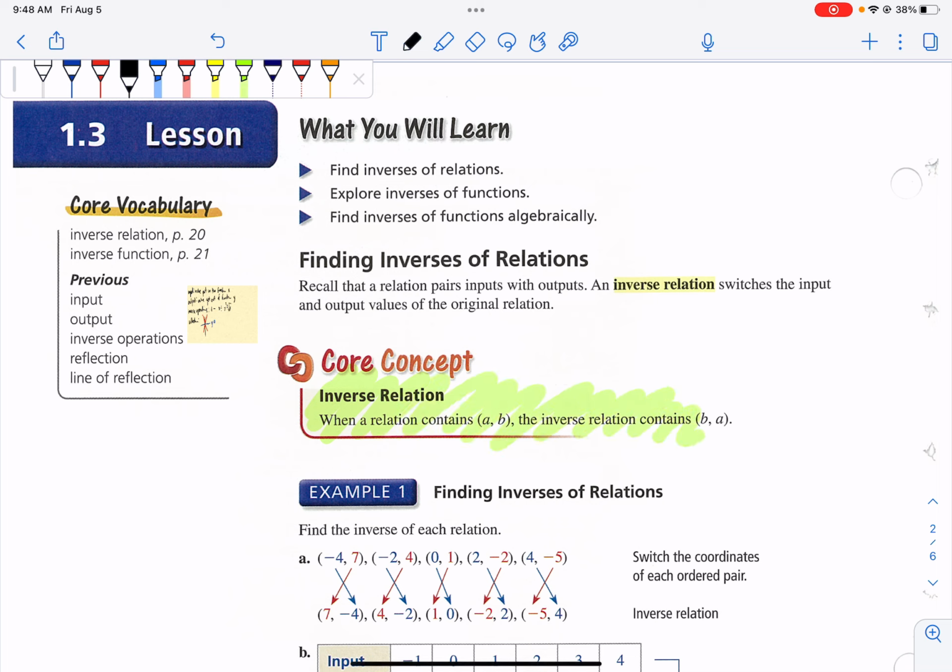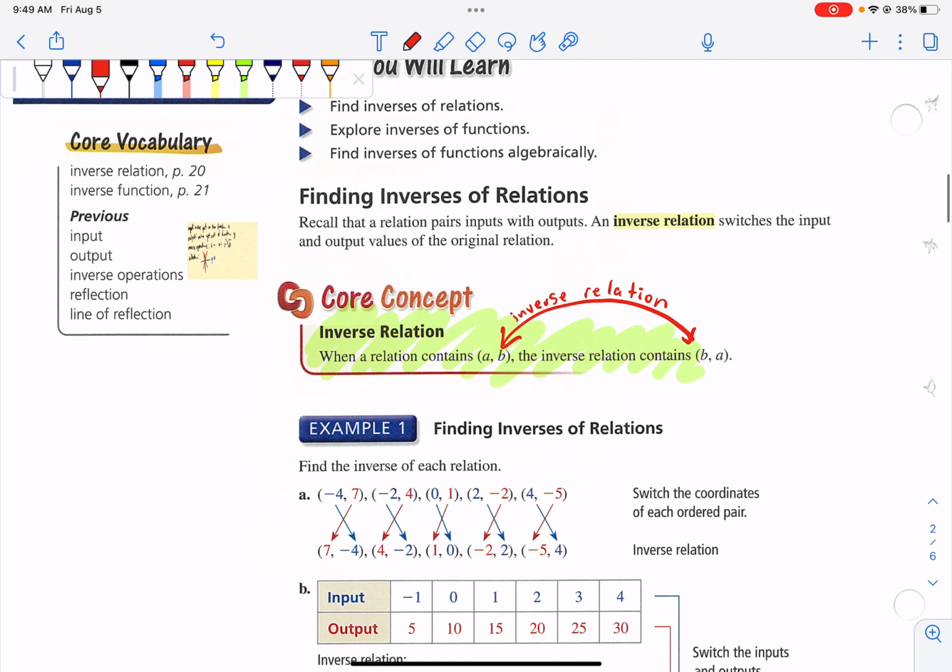An inverse relation, that when a relation contains AB, the inverse relation switches those. It contains BA. So AB becomes BA on an inverse relation. That's kind of the core of everything that we're going to do today. The A switches with the B when there's an inverse relation.